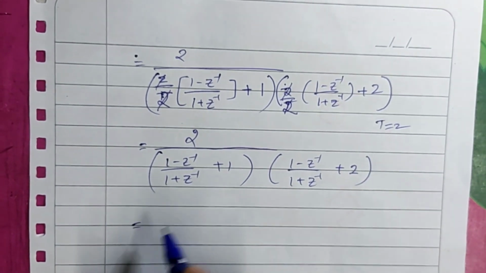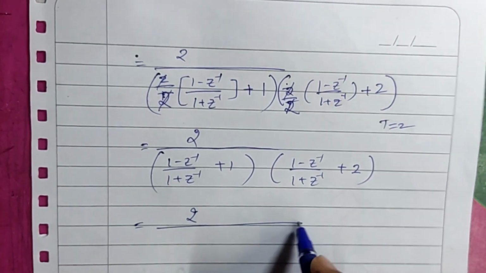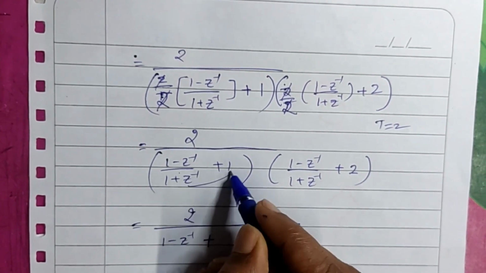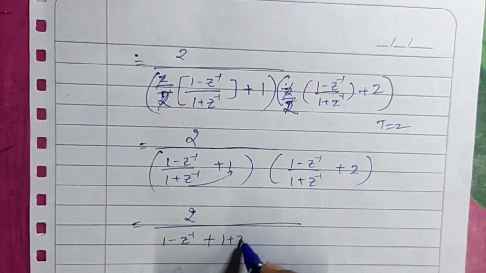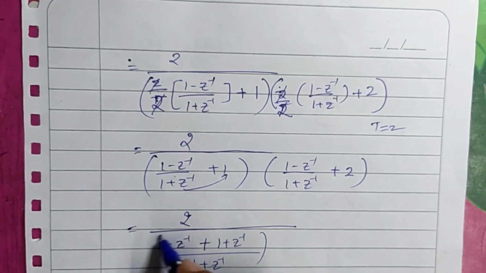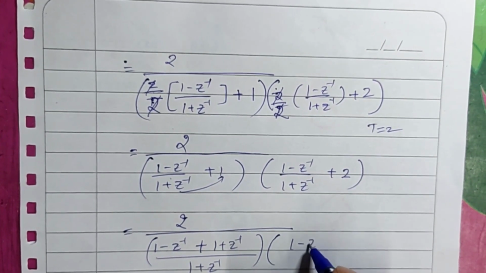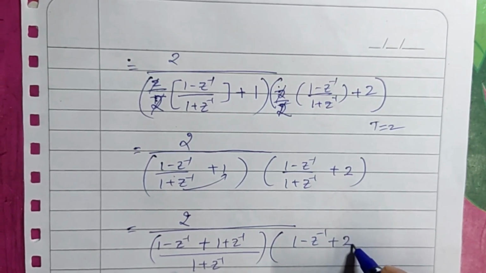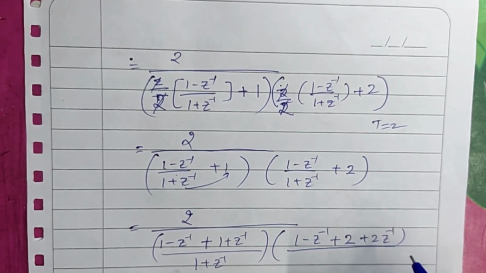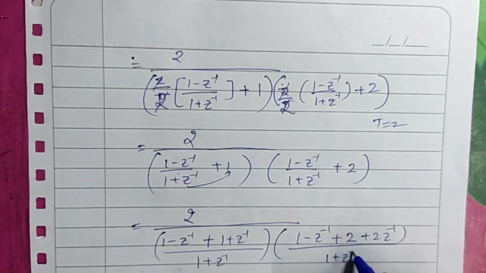So this one is 2 divided by (1 minus z raised to minus 1 plus 1 plus z raised to minus 1) divided by (1 plus z raised to minus 1), right? Next into (1 minus z raised to minus 1 plus 2 into 1 plus z raised to minus 1) whole divided by (1 plus z raised to minus 1).